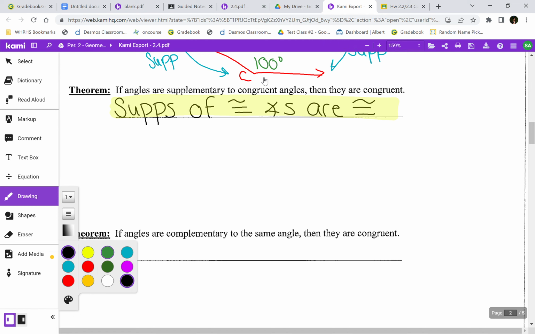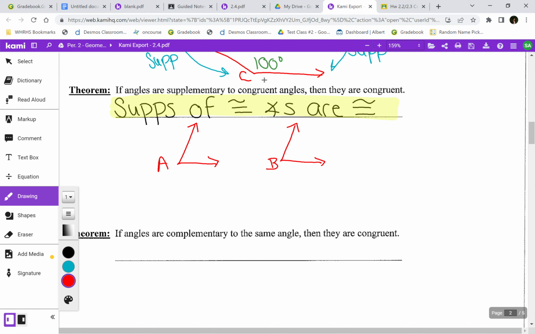So once again, I'm going to have angles. Let's say I have angle A, I have angle B, I have angle C, and I have angle D. And let's say I told you once again angle C is 100 degrees.